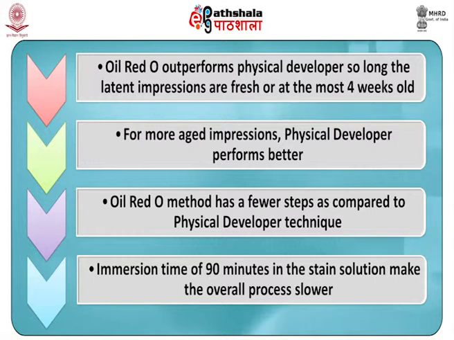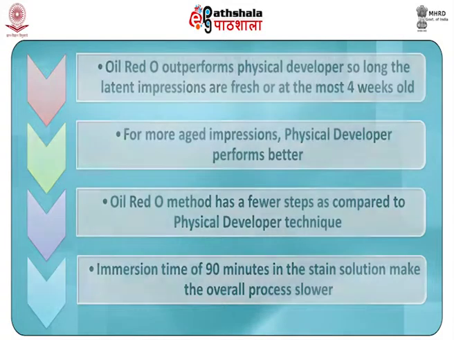For more aged impressions, physical developer performs better. No doubt, oil red O method has fewer steps as compared to physical developer technique. Yet, the immersion time of 90 minutes in the stain solution makes the overall process slower.